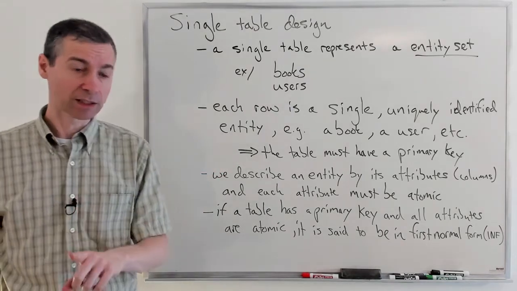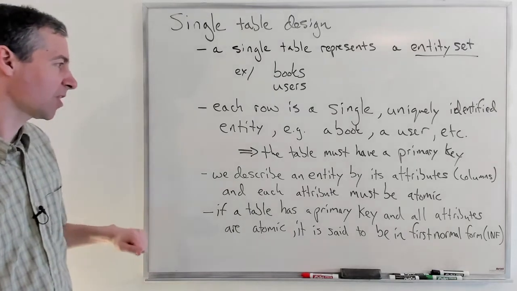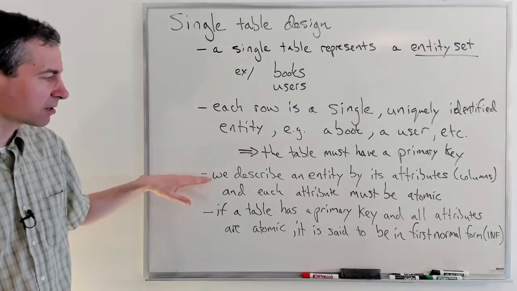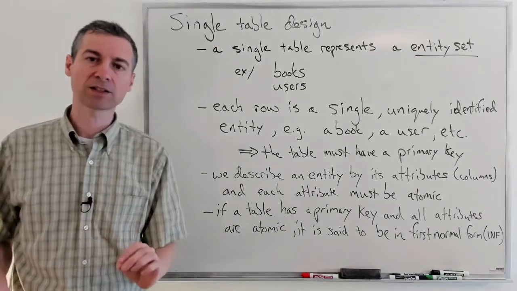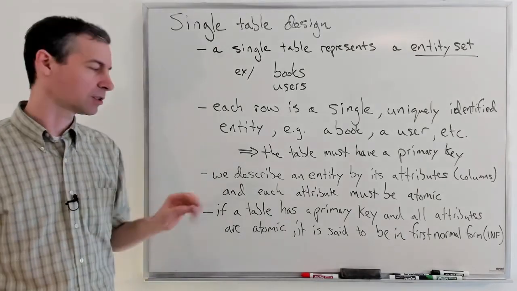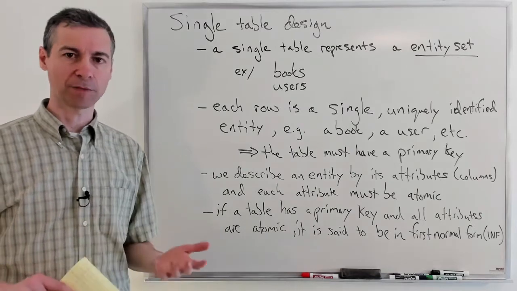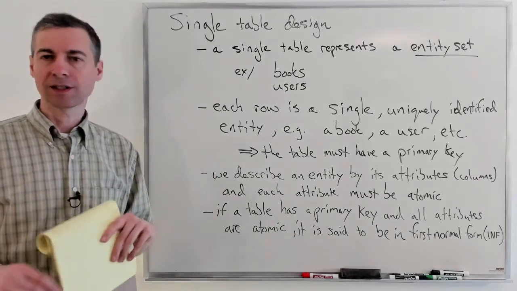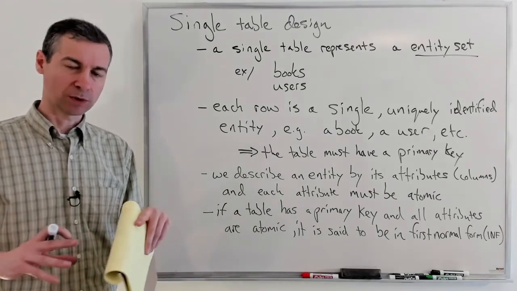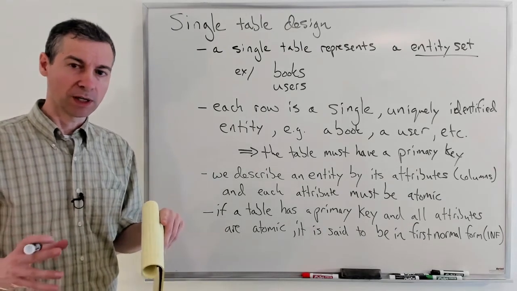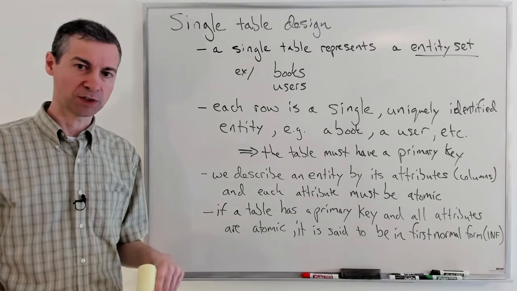Now, what's neat is that, besides having these attributes, when we design our tables, we want to be really sure that each attribute is atomic. An atomic attribute is something that's indivisible, or is as small as it should be without us needing to make it any smaller.